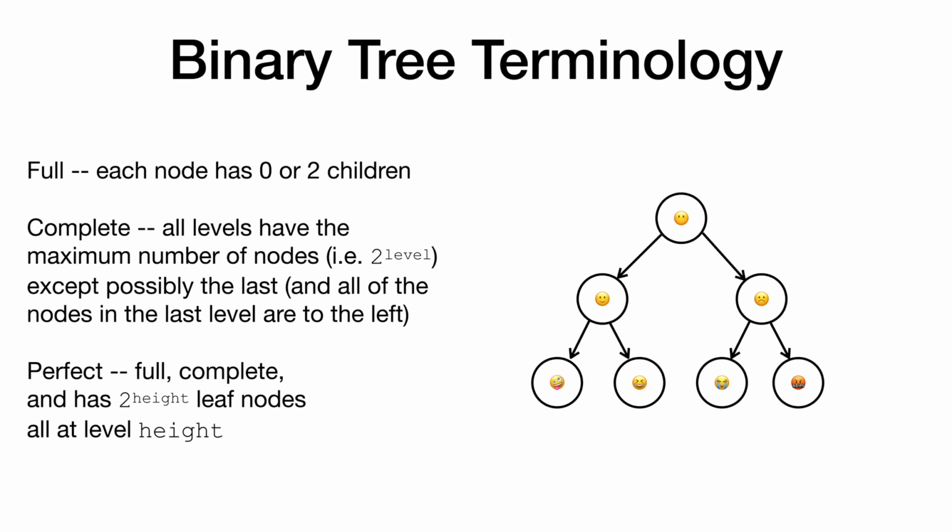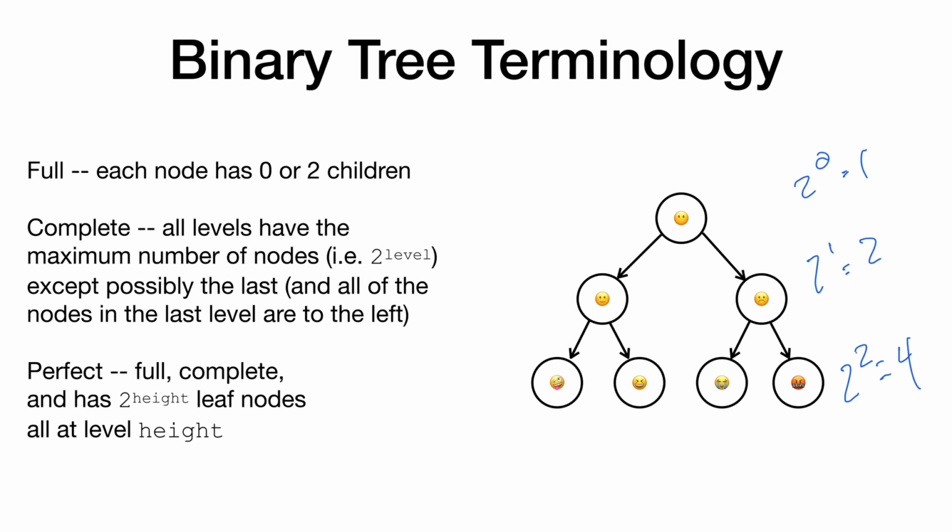A complete tree is one where all of the levels have the maximum number of nodes. So there's 2 to the level nodes in each level. Level 0 has 1 node, the root. Level 1 has 2 nodes, 2 to the 1. 2 to the 0 equals 1, 2 to the 1 equals 2, and 2 to the 2 equals 4.